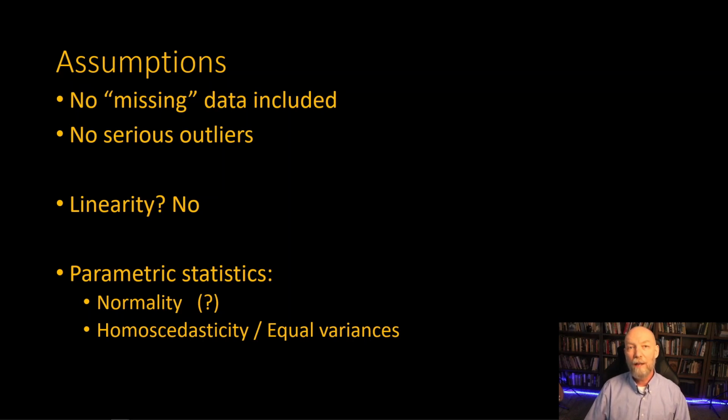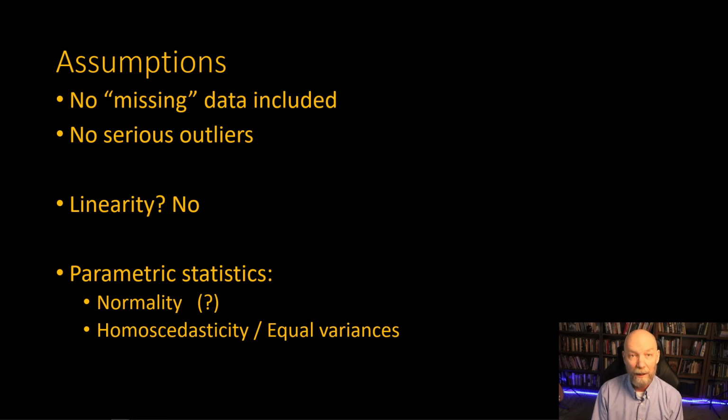So when we say that a tool is parametric, it means that we assume that some parameter is true for the population. And the two parametric assumptions that commonly creep into a lot of statistical tools, it's true here, it'll be true in correlation, it'll be true in regression, are two issues.